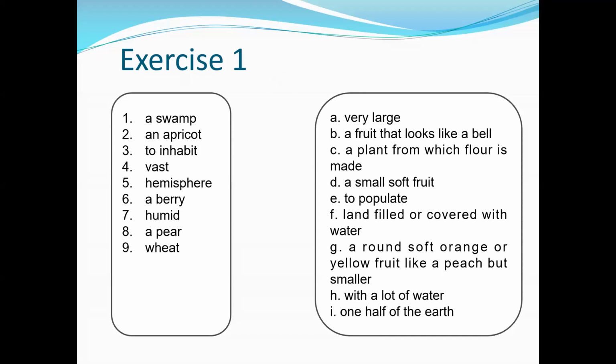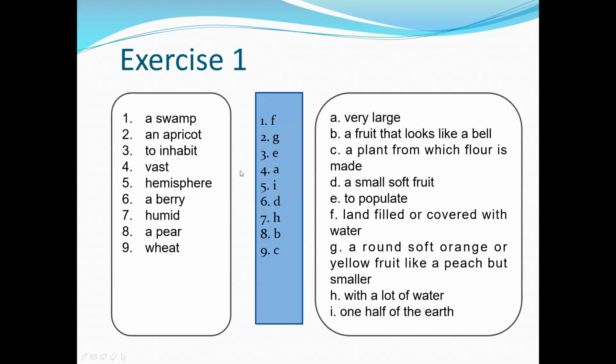You will have some time to make this exercise. Now I'm going to show you the answers. If you are not ready, you may stop the video and do the exercise up to the end.